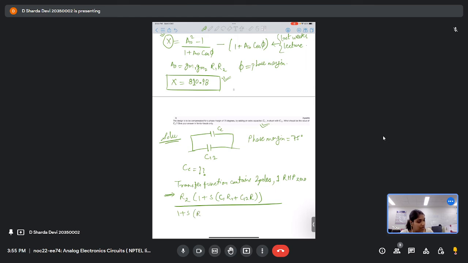It is R1 C12 plus R2 C2 plus R1 C1 plus R2 C12 plus GM2 R1 R2 C12, plus s square times C1 C2 plus C1 C12 plus C2 C12, into R1 R2.